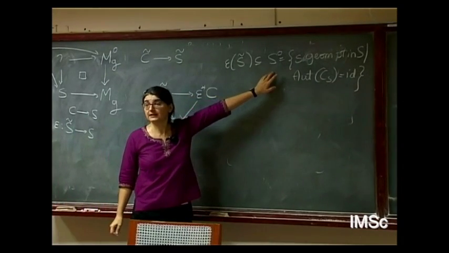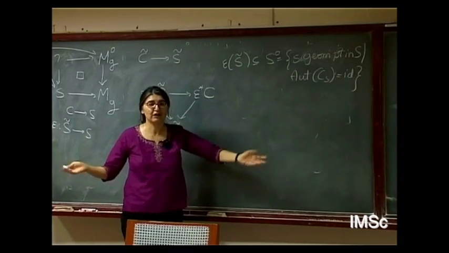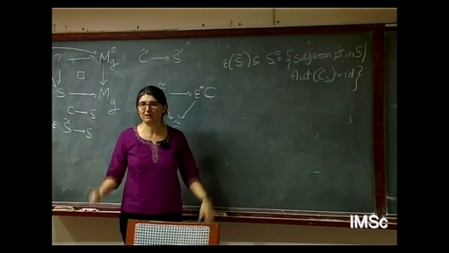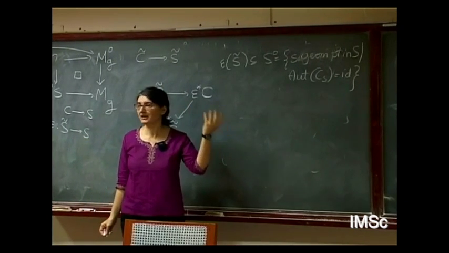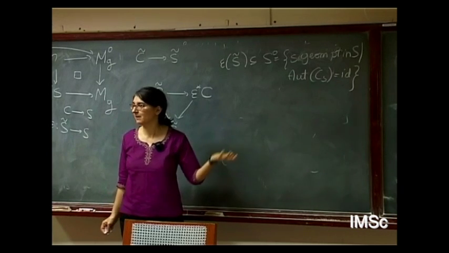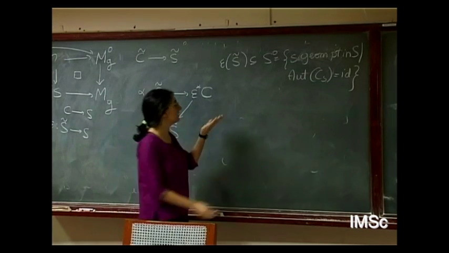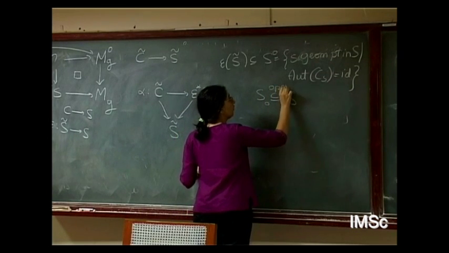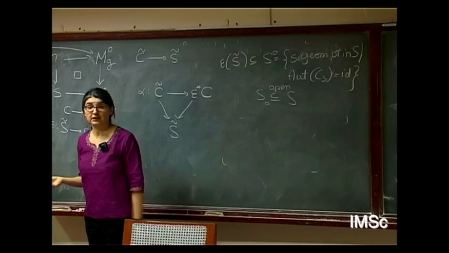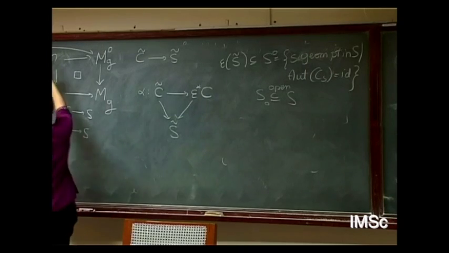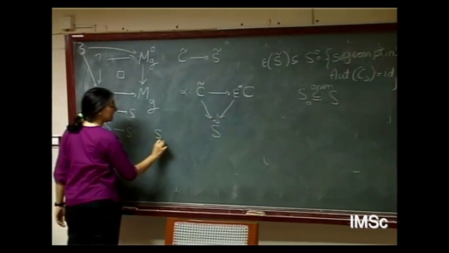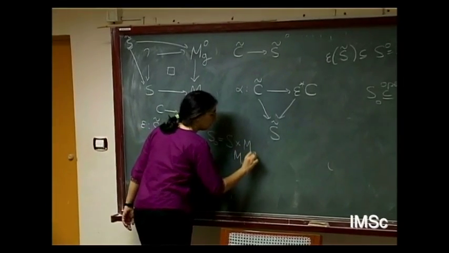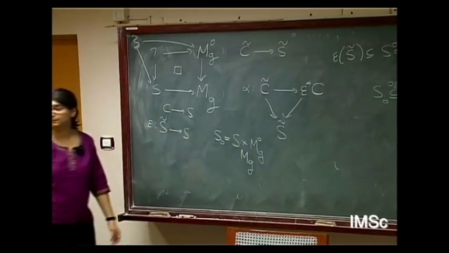And the point is that this is open. In general, if I just give a bunch of geometric points, they are just a bunch of geometric points, but if they determine an open subscheme, then this open subscheme is unique. And it's an easy exercise to check that this is actually open, and conversely. So what you can do as an exercise is show that indeed S0 is this fiber product.